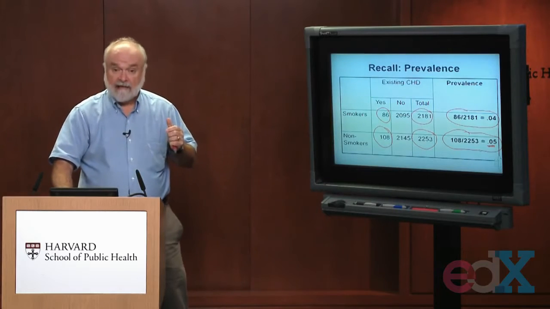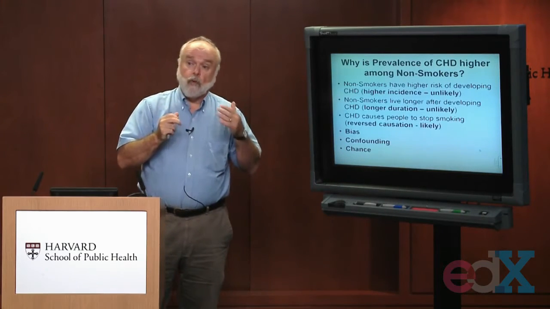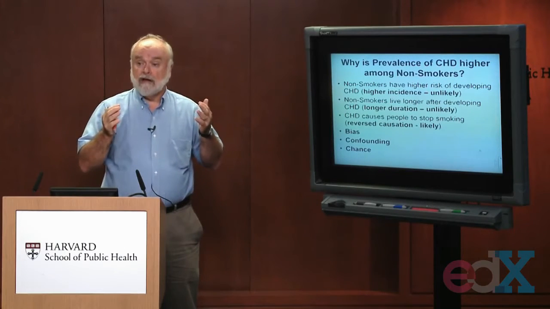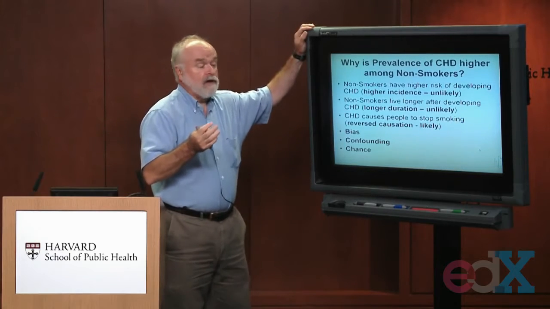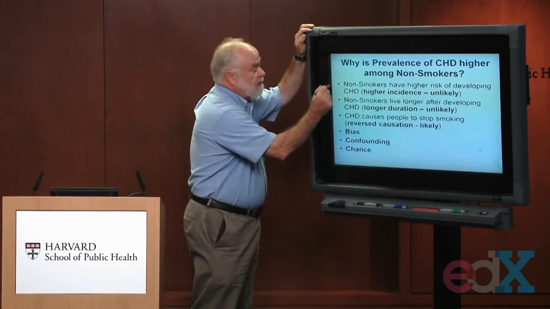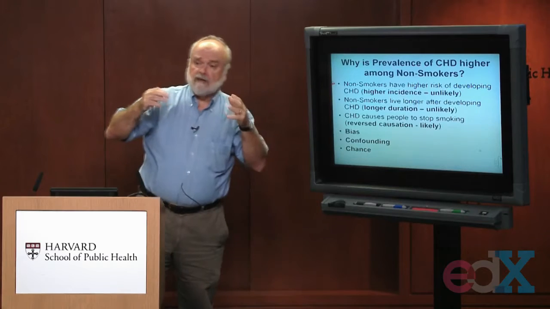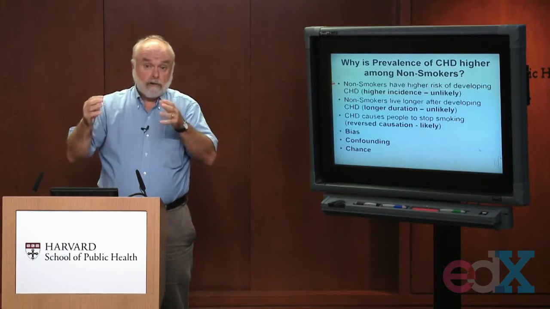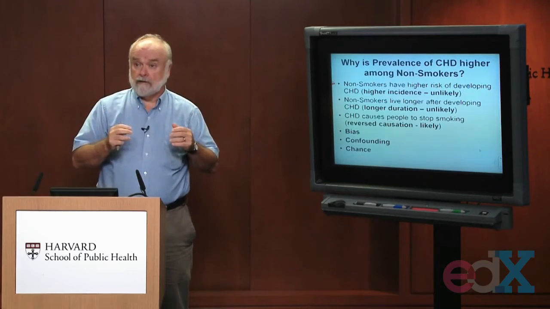And as we talked about last time, there are 6 possible explanations I can think of for why the prevalence of coronary heart disease might be higher among the non-smokers. So what are the possible reasons? Well, one possible reason is that prevalence depends on how much disease exists in a population at a point in time, and in turn that depends on how many cases of disease are happening in that population.